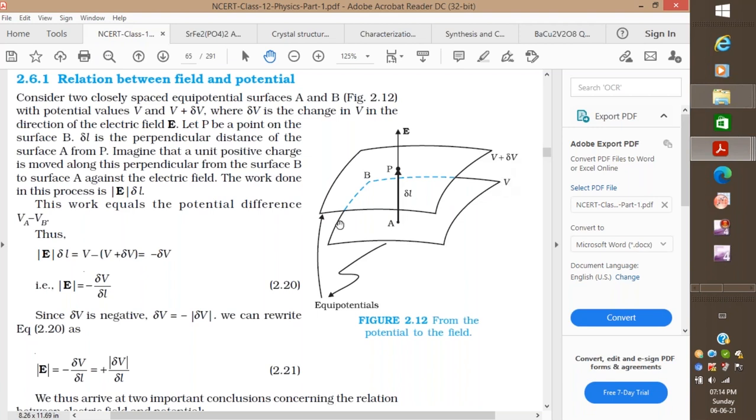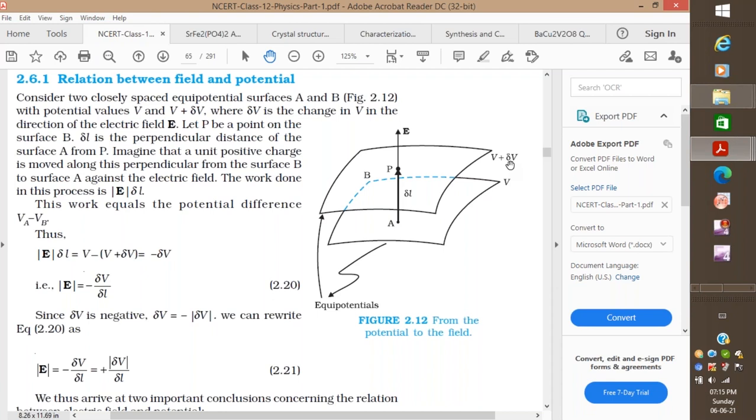The top surface also is an equipotential surface, meaning at each and every point the potential is V plus delta V. So these are two equipotential surfaces.